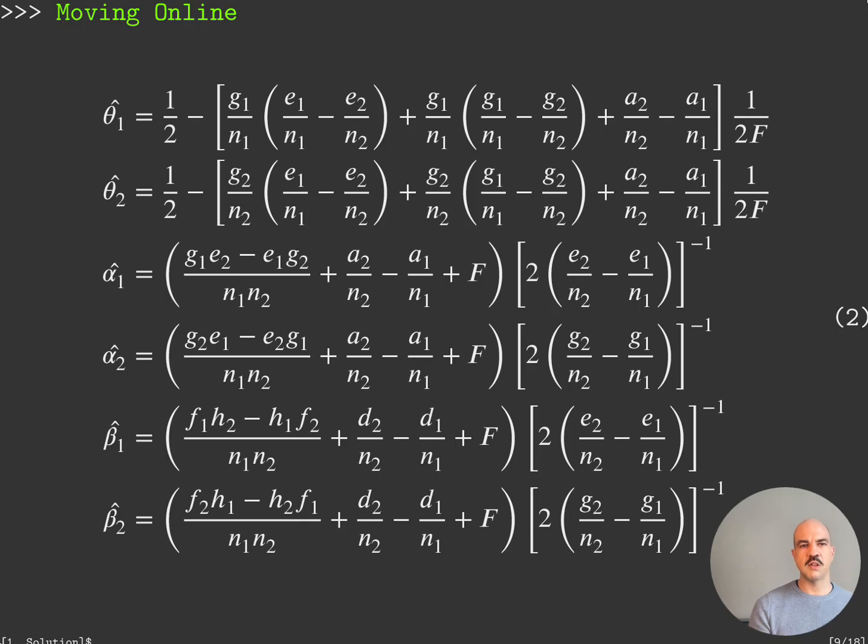Concretely, we don't want to just do this for data that is stagnant. We have a bunch of data coming in, and we separated the data into two populations, and then we manually wrote out what each one of the parameters would be given the observations of all the tables.